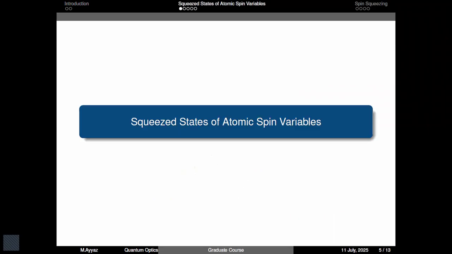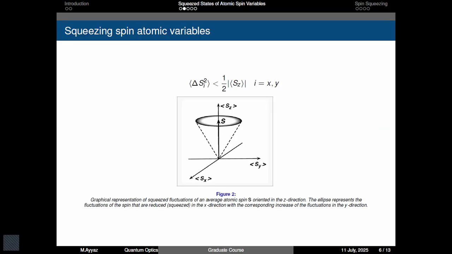So let's move on to the squeezed states of spin variables in a single atom.